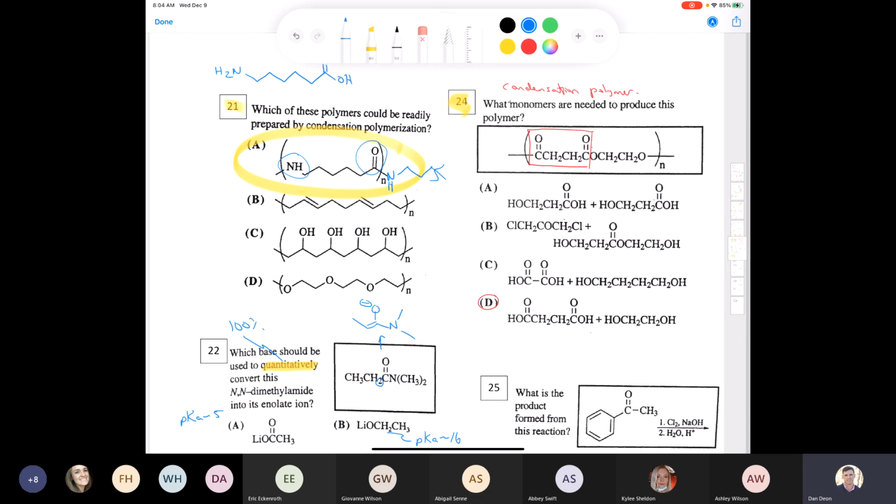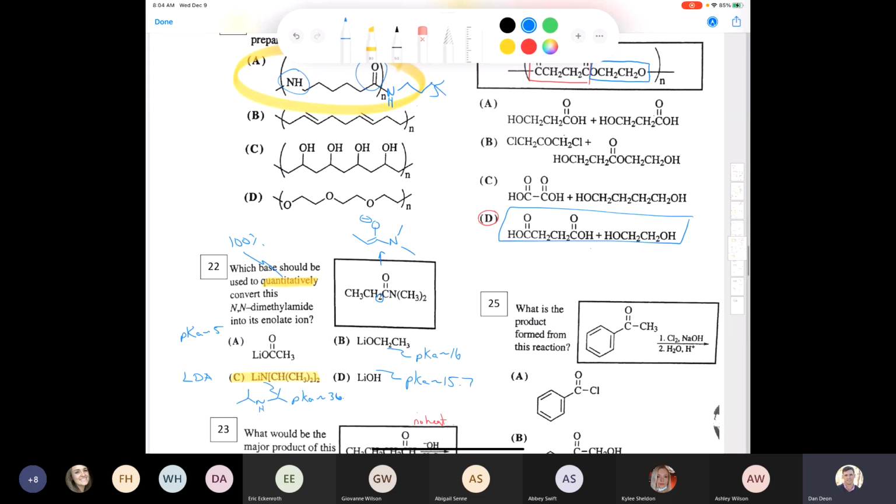And then our diol would come from this portion here, and that would come from ethylene glycol, which is here as well. And so if you were to take succinic acid and ethylene glycol and put them together and drive off water, you would end up with that polyester. Okay, and if you need to review polymers, that's chapter 27 from our textbook.